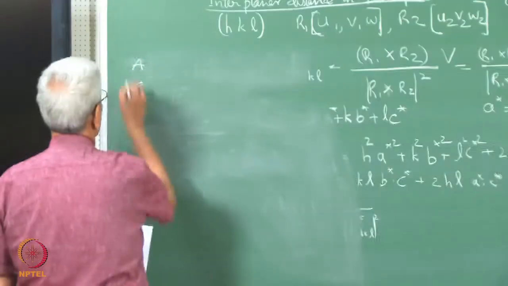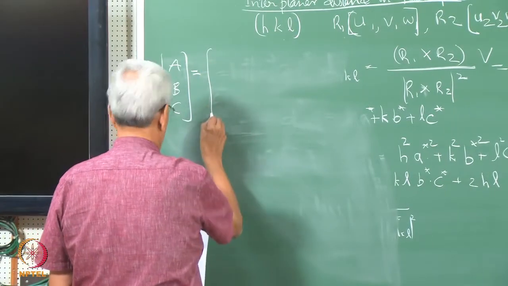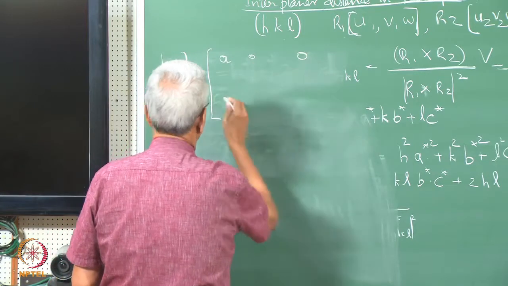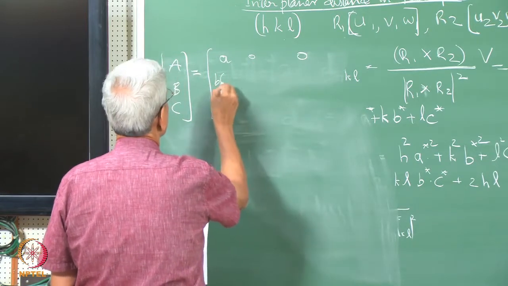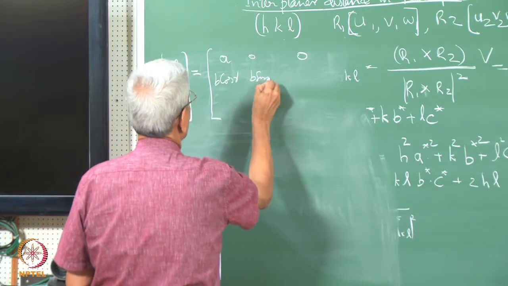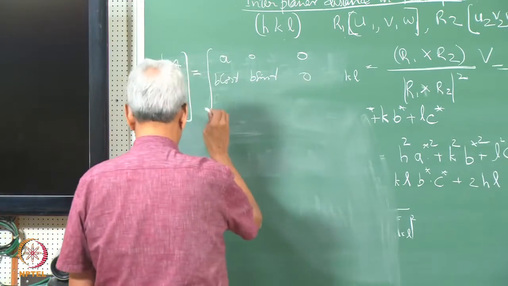A B C, zero, B cos gamma, B sin gamma, this is 0, okay.